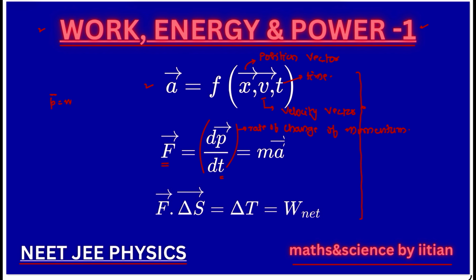Vector p is equal to mass into vector v. That means dp by dt is equal to d by dt of mv. When m is constant, if it is not varying, then I can take it out. m into d by dt of v, that is equal to m into a. This is what is given here. Force is equal to ma.